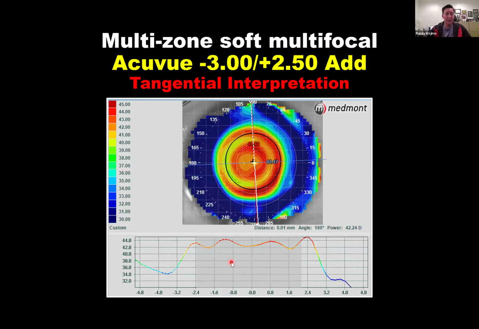So we could use the tangential map again to be really sensitive about those zones where those zones are changing significantly on the front side of the lens. Y como pueden ver, podemos utilizar el mapa tangencial una vez más, que son mucho más específicos para notar los cambios en la zona, lejos y cerca, en un lente de contacto, en este caso blando multifocal.